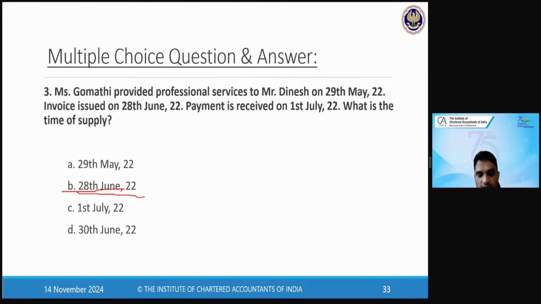Thirty days from May, from March, April, May is 27 June. Correct. So it becomes 27 June. So time of supply will actually be provision of service or receipt of payment. So it will become 29th May. Correct.